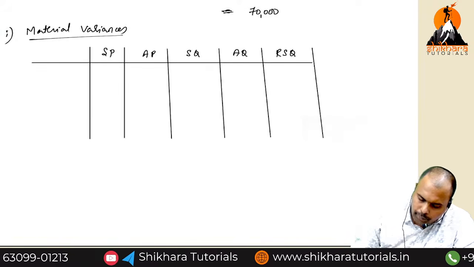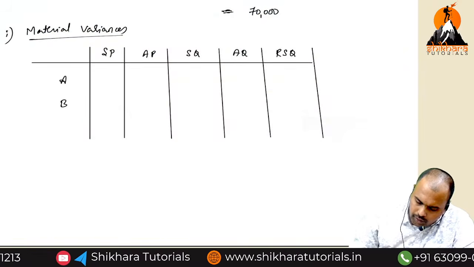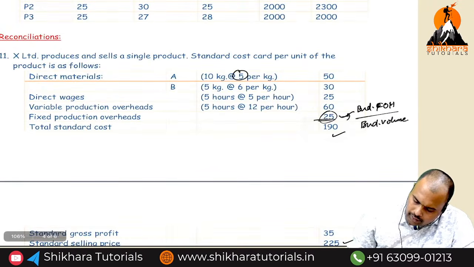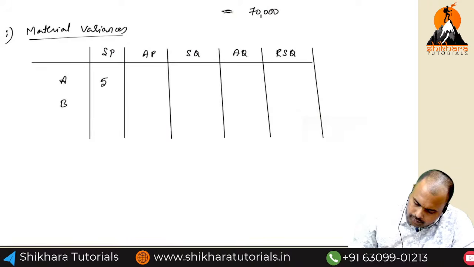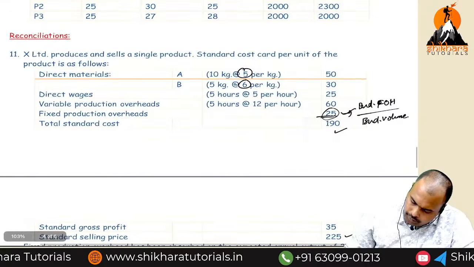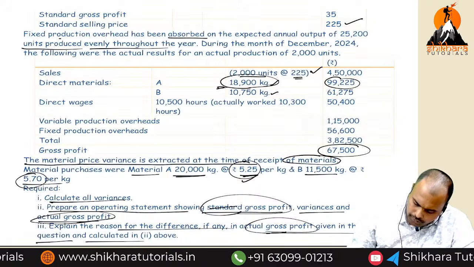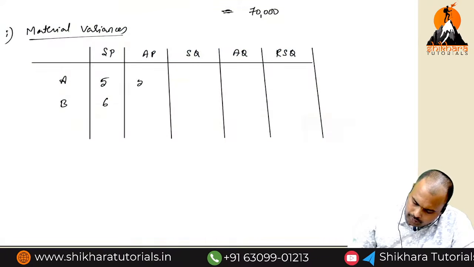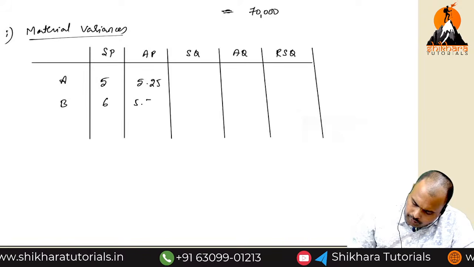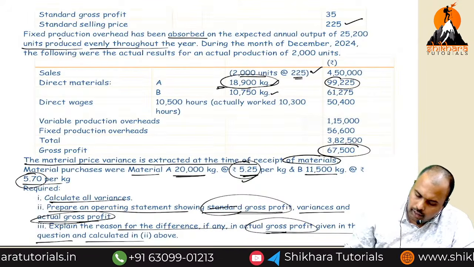Clear? What are the materials we are using? A and B. What are standard prices? 5 and 6. Actual prices 5.25 and 5.7. Clear?